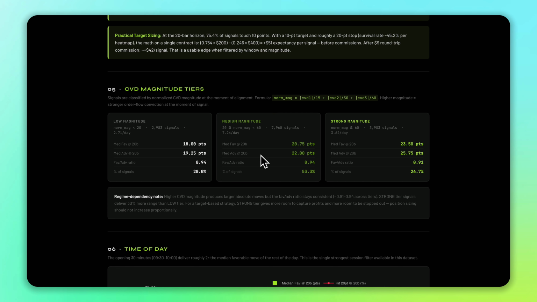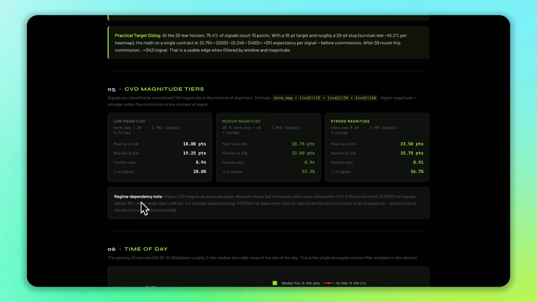And in your medium magnitude, I think these are just kind of after the open and before power hour. But it's good that there's a linear, increasing relationship between the magnitude of CVD and the movement that you get, right? And so there's some correlation there, which is good.